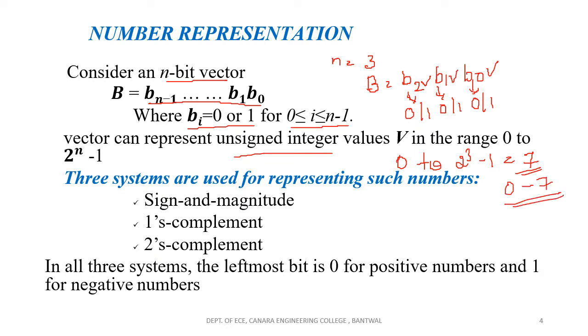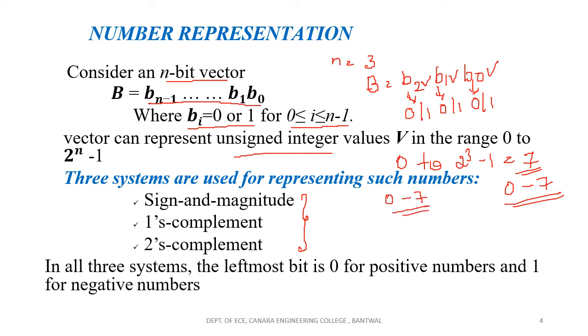So using this particular vector, you can represent the numbers from 0 to 7 using b2, b1 and b0.